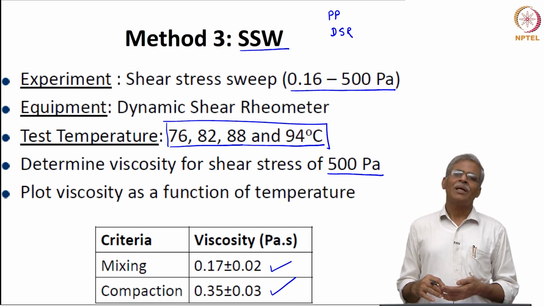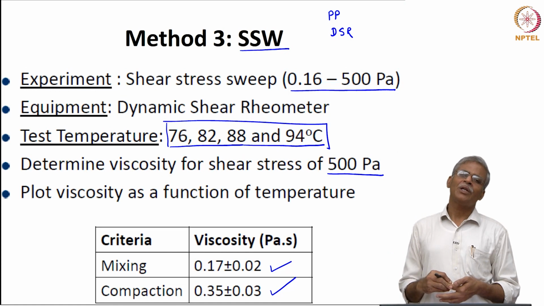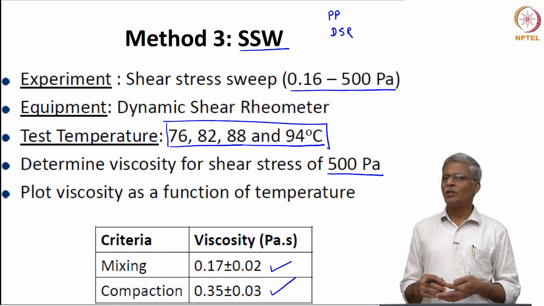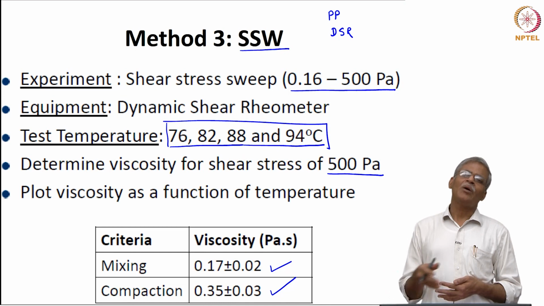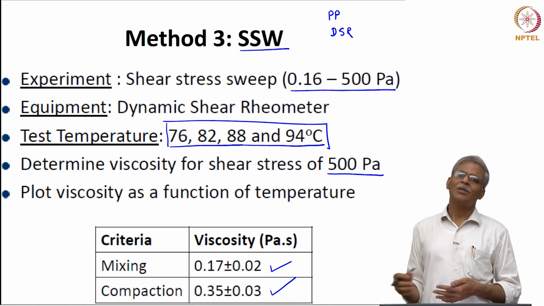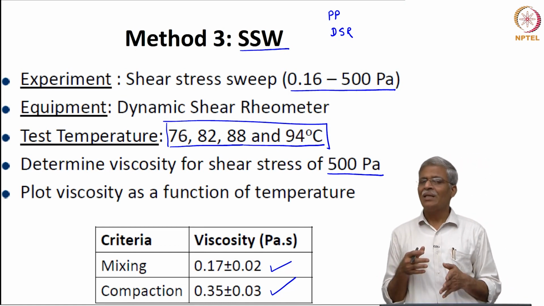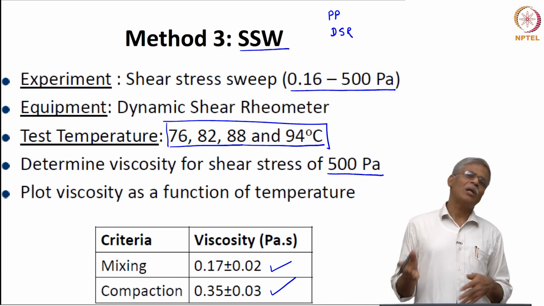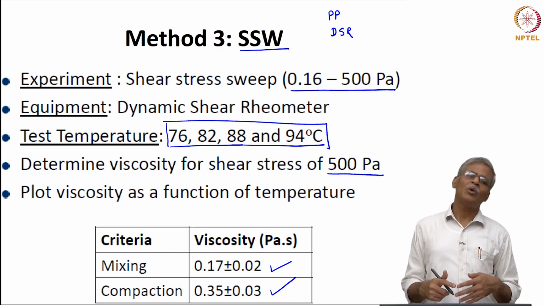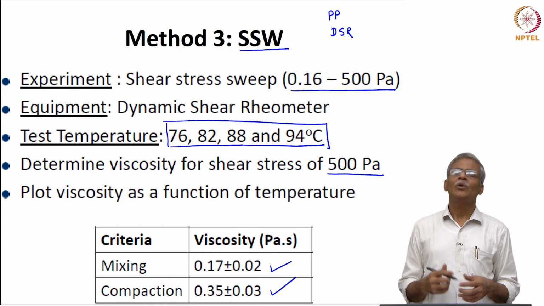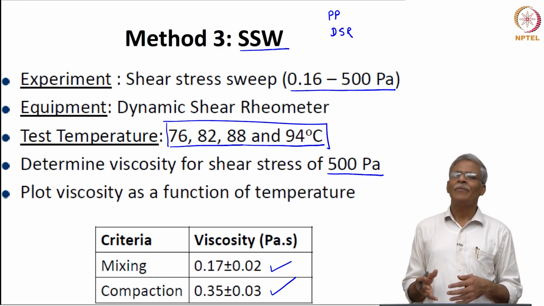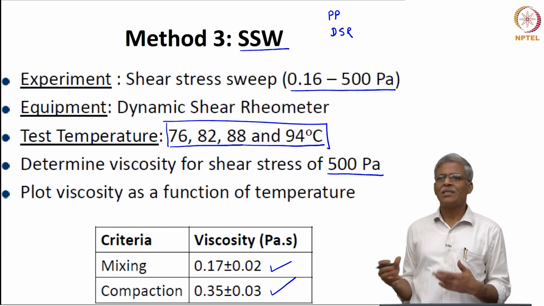Somewhere between 80, 90 and 120, 130 it is going to be a shear thinning non-Newtonian regime, and then from 80 all the way down to minus 10 degrees centigrade it is going to be a viscoelastic regime, a viscoelastic solid or a viscoelastic fluid regime, and below minus 10 degrees centigrade you are going to see a response of the material something like that of an elastic response.